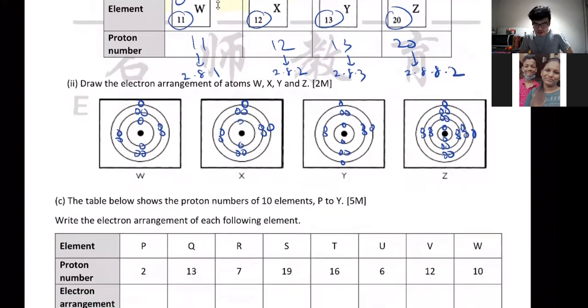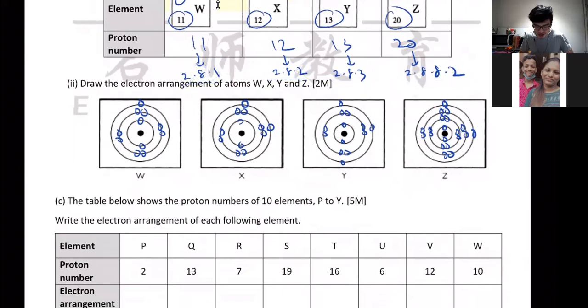Okay, by looking at this, you know this is group 1, group 2, group 13, group 2. And the shells show the period. This one has 3 shells, so this is period 3, period 3, period 3, period 4.